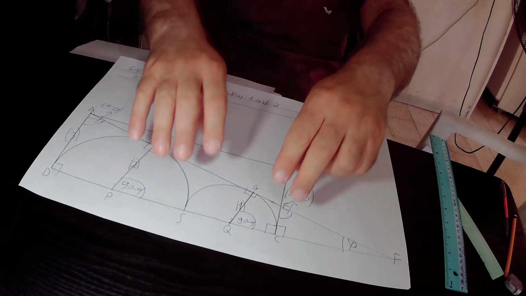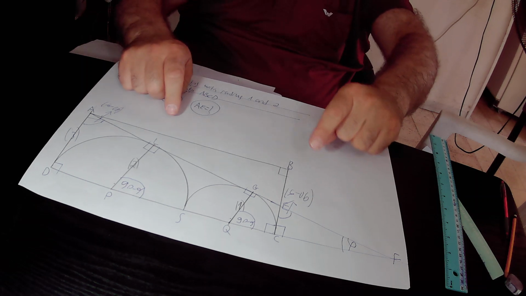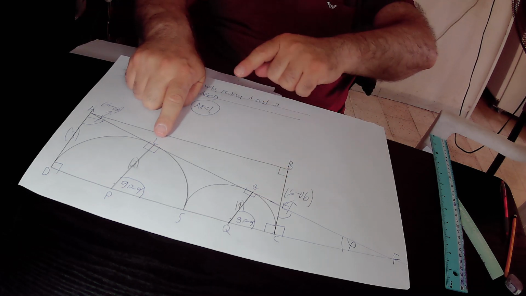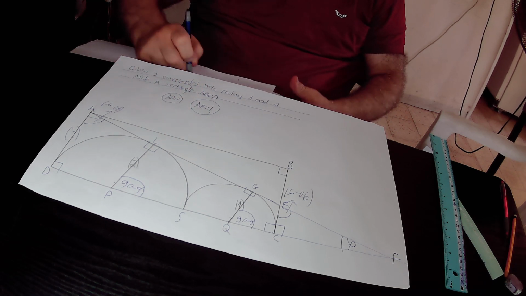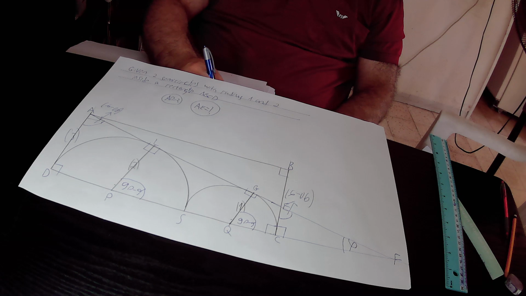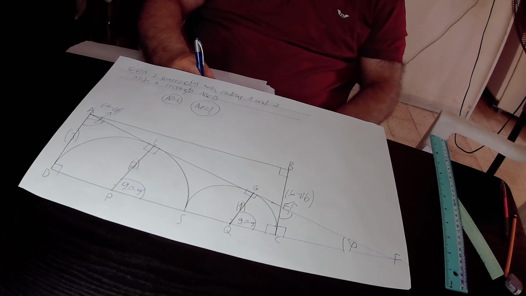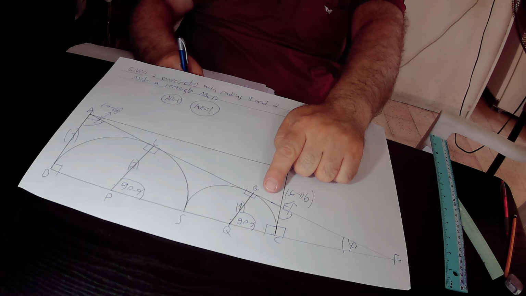So why are those two right triangles similar to each other? First of all, those two angles, they are both equal to 90 degrees, therefore they are equal to each other. So this is angle PLF in the big right triangle LPF, and this equals this angle, that is actually angle QGF, in the small right triangle FGQ.